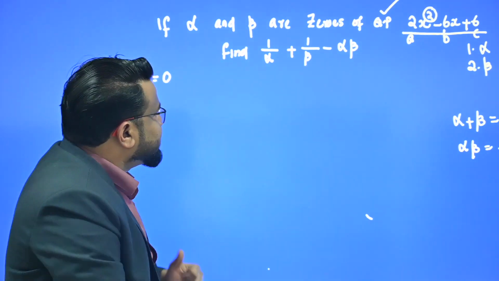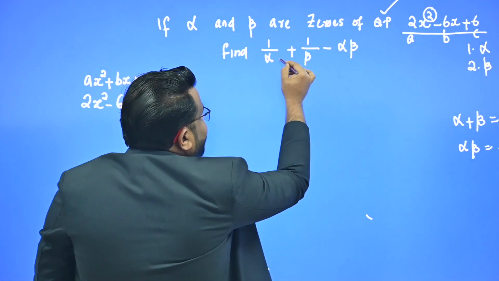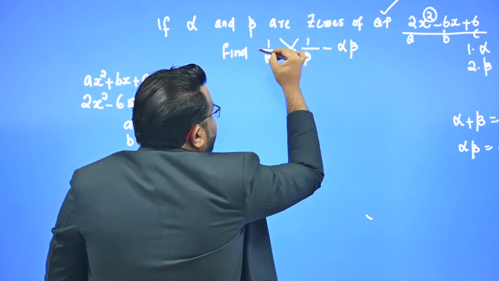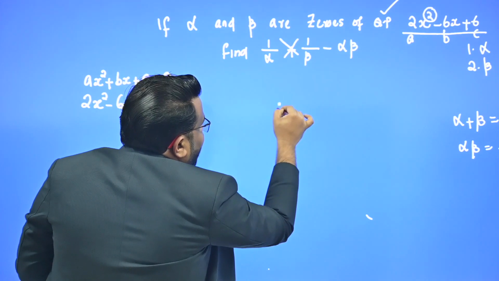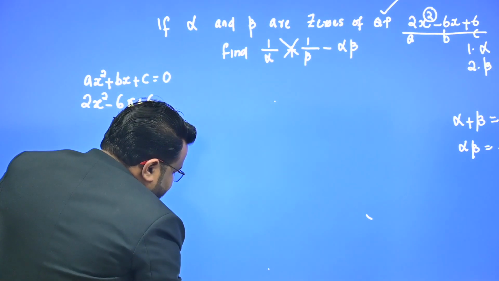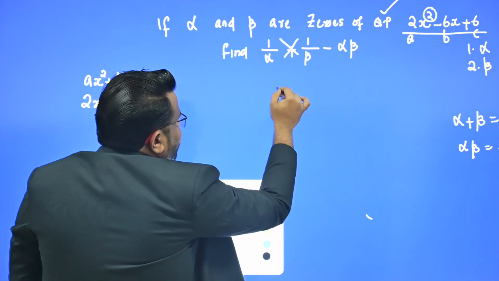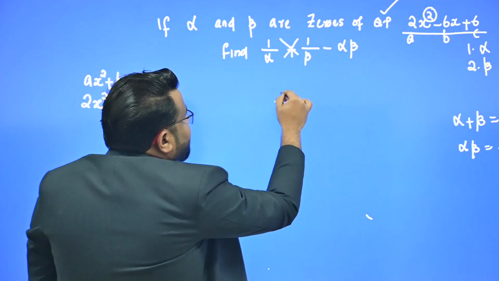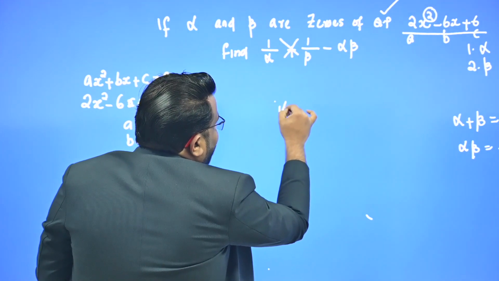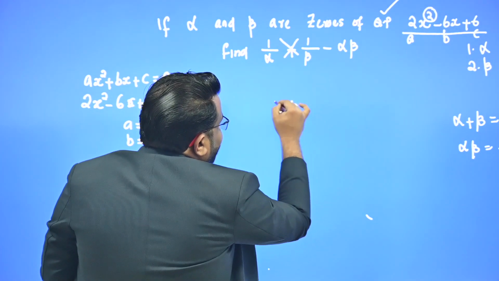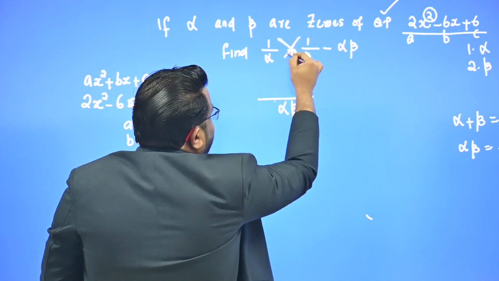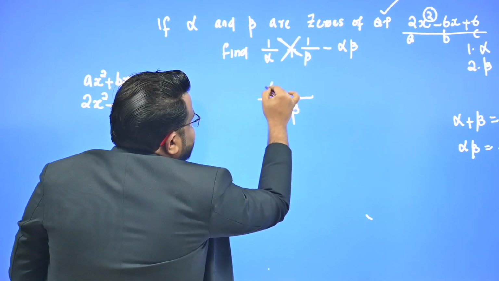How? Listen. First, make the denominator the same, that means cross multiply here. Cross multiplication gives alpha into beta in the denominator. Then what is the answer?